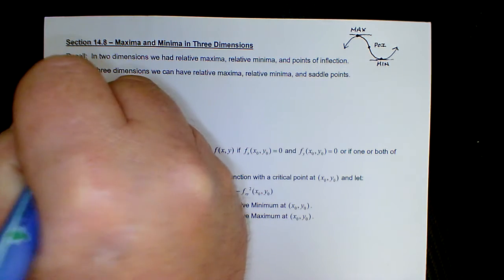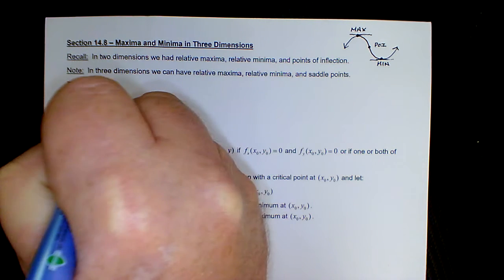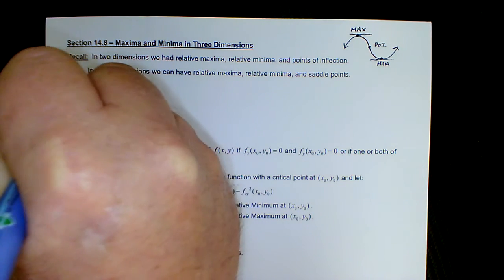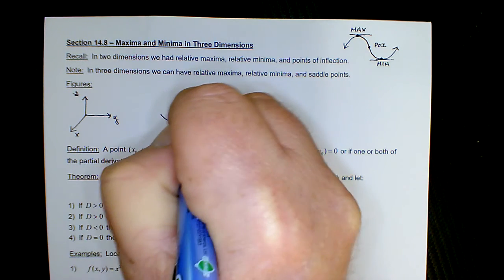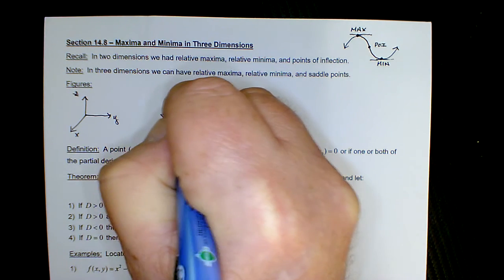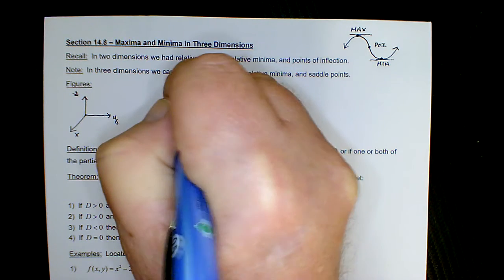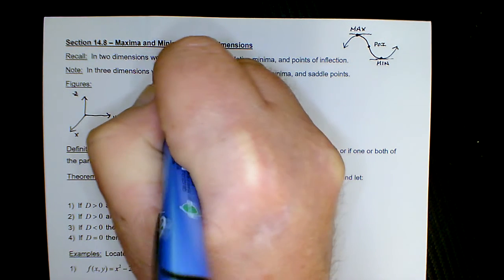So if you consider, let me just draw the system off to the side. I won't draw the graphs on the axes just for simplicity. You can have something like this maybe, where obviously that's the relative max.